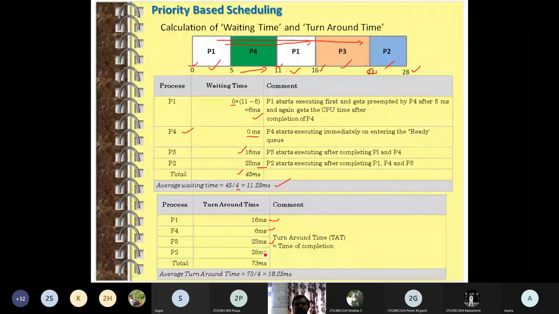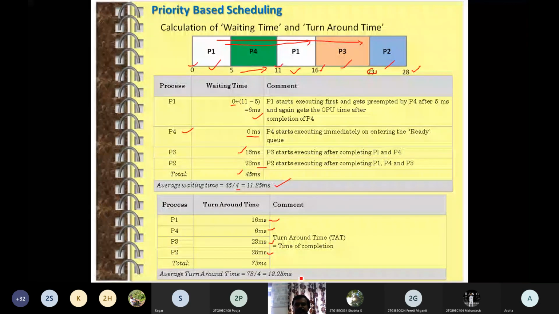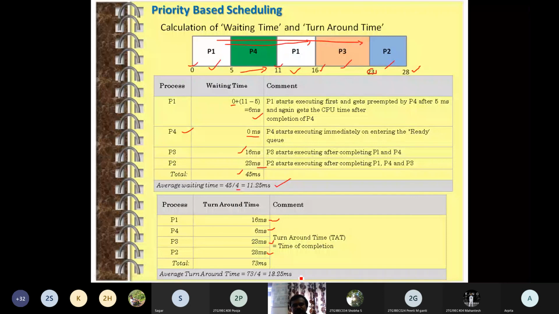Then what about P2? P2 ended at 28 milliseconds. So the average turnaround time is 73 divided by 4, which is 18.25 milliseconds. That is the average completion time of a process.